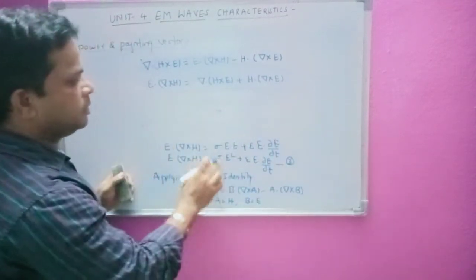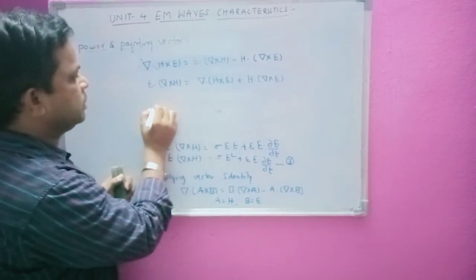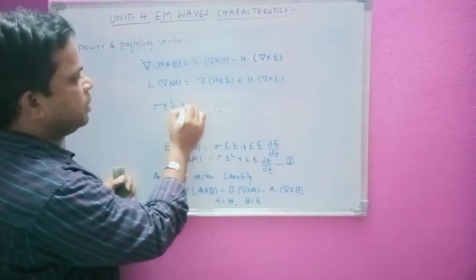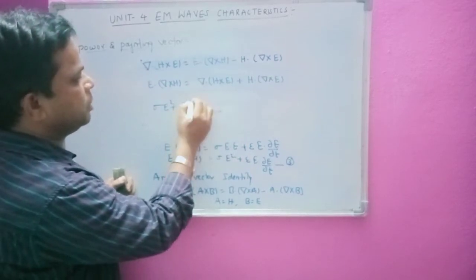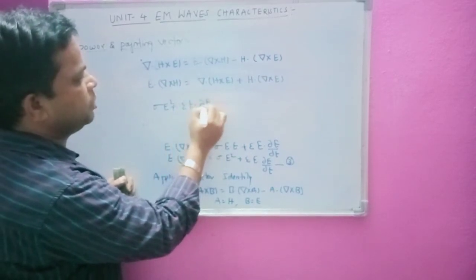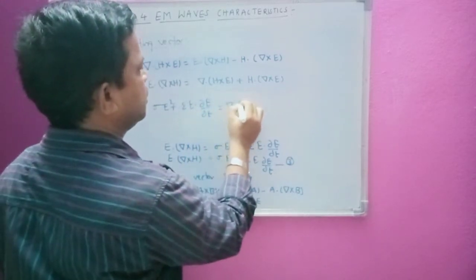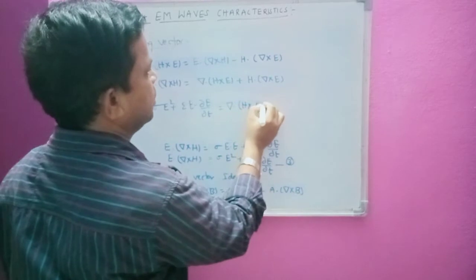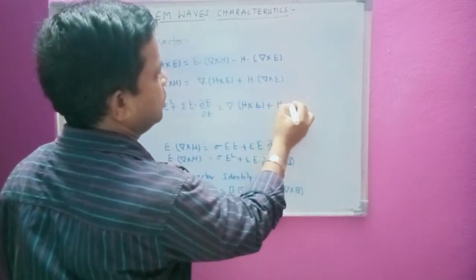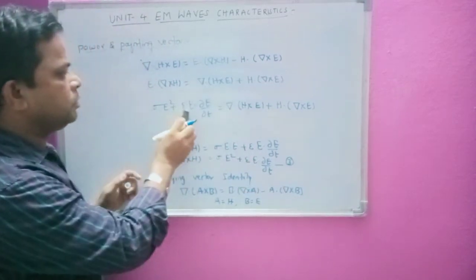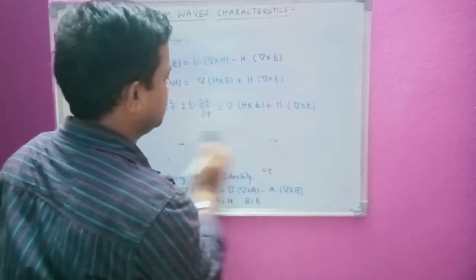Now I will take the right hand side like this and the left hand side like this: sigma E square plus epsilon E dot dou E by dou T is equal to del dot H cross E plus H dot del cross E. Now I want to solve this equation.